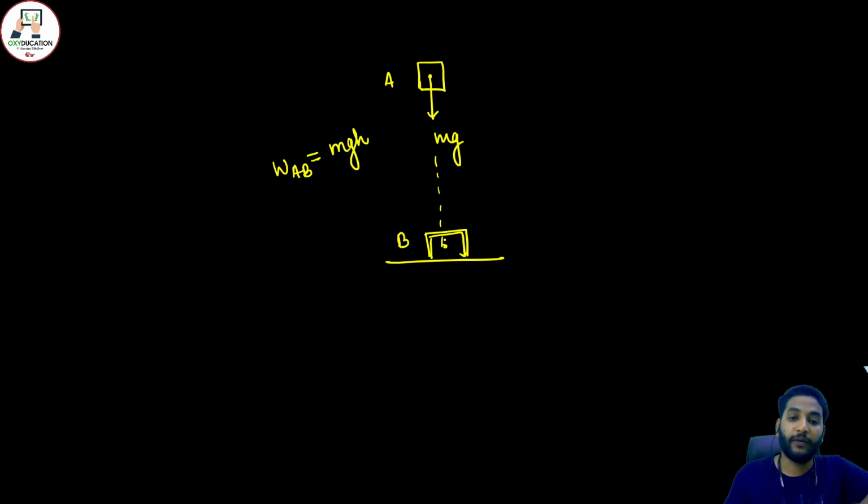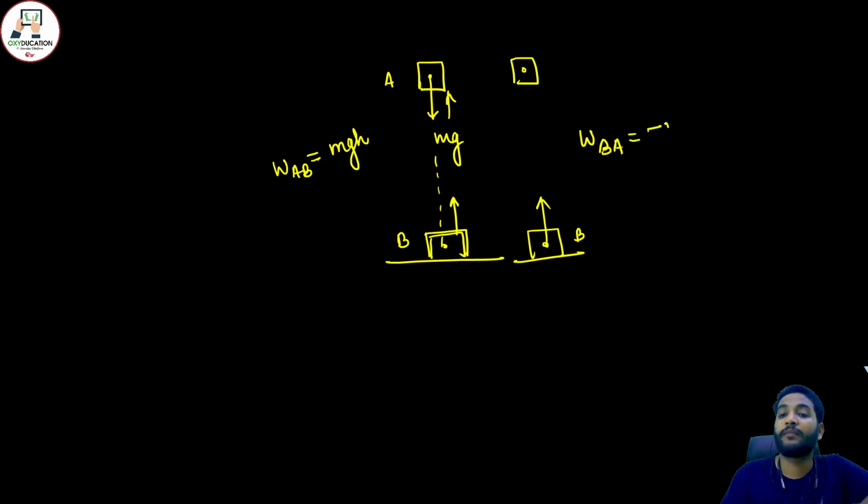Very good. Now we again want to send this object from B to A position. कहां पर पहुंचाना चाहते हैं, B to A position. Let's draw separately. B से हम कहां पहुंचा रहे हैं बेटा, A पहुंचा रहे हैं. In this condition what is the work done from B to A, you will get, sir, minus mgh. But if I say what is the net work done, total work done, तो work done कैसी quantity है बेटा, scalar quantity.